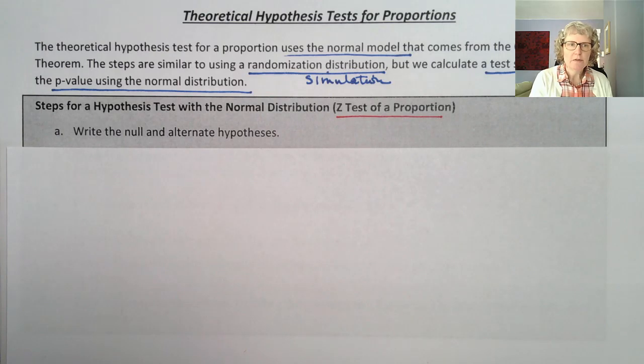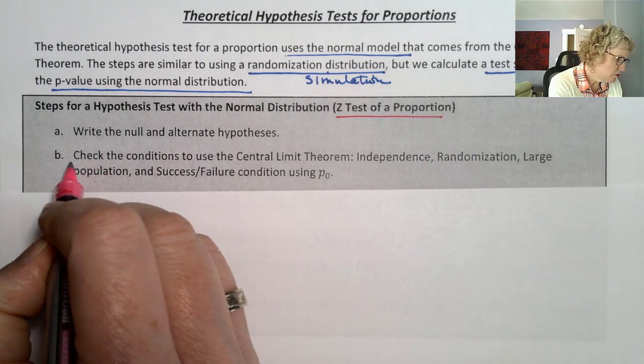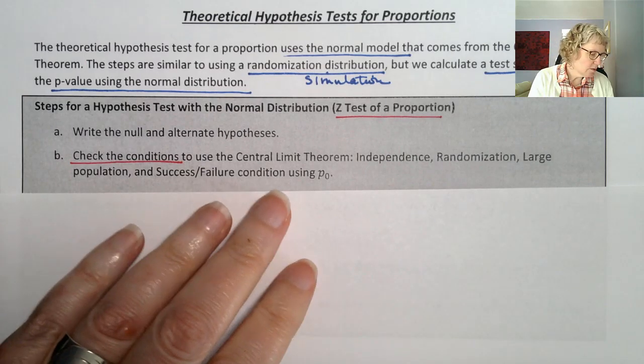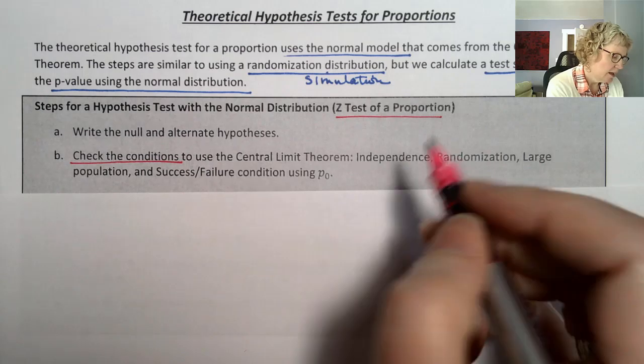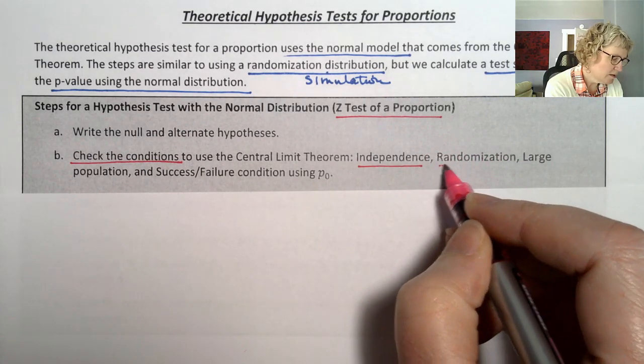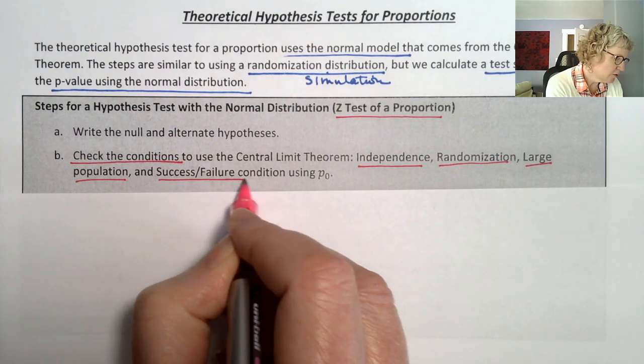Okay, so our steps are to write out the hypotheses, which we did the same as with the simulation. What's new is we have to check the conditions, because when we're using a model, we have to make sure that we have that normal shape, okay? So we're going to use the central limit theorem conditions, and just to refresh, those four are independence, randomization, large population, and success-failure condition.